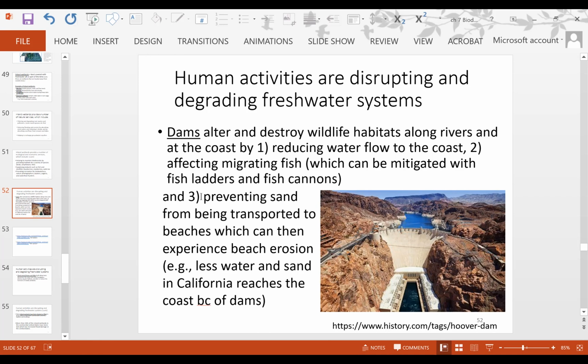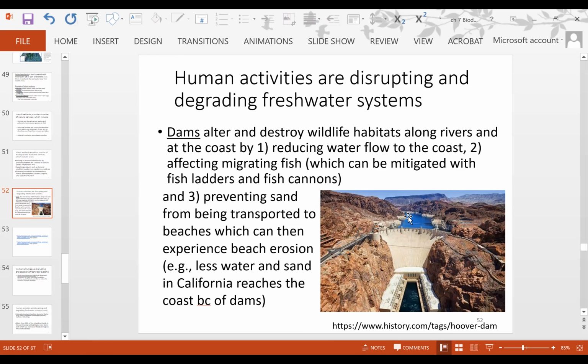And thirdly, a dam will prevent sand and silt from being transported to beaches and other coastal areas. And then those coastal areas experience erosion, which is natural from waves, but the sediment is not being replenished.